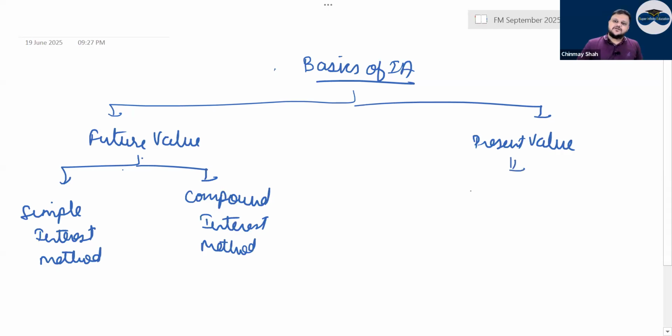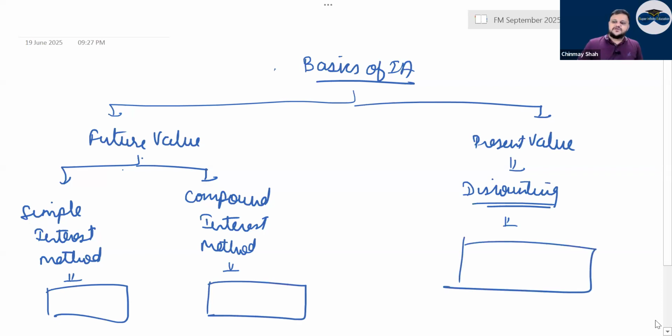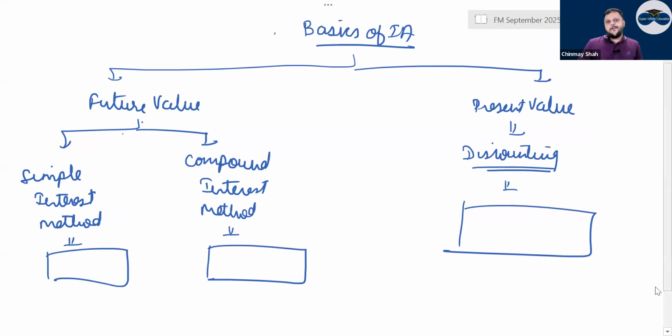Present value में तो only there will be a formula that will be derived here. Leave space for formula.